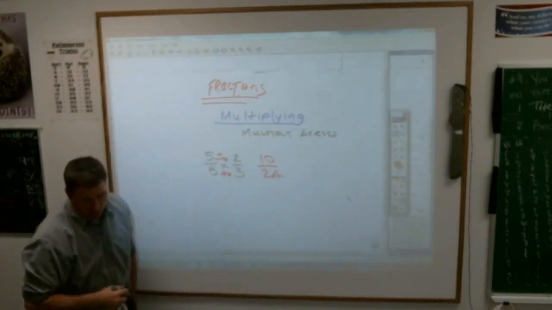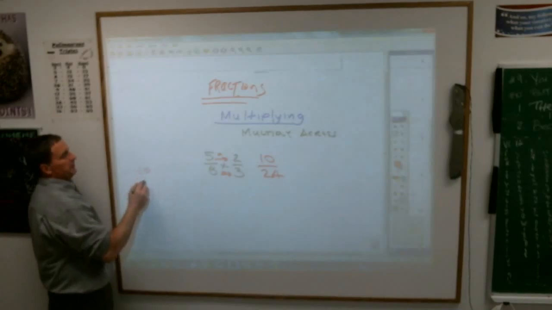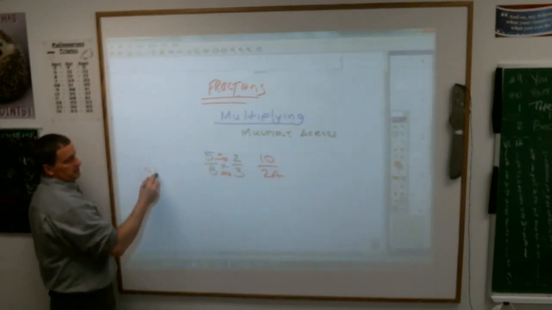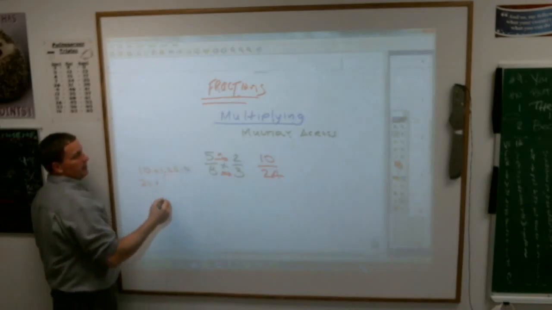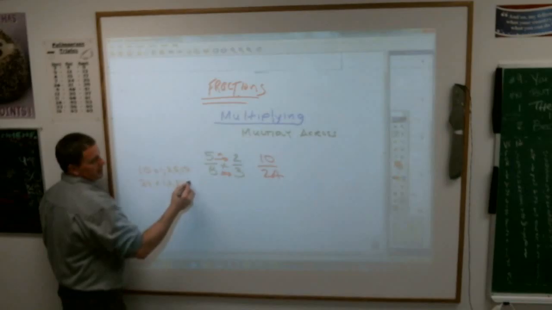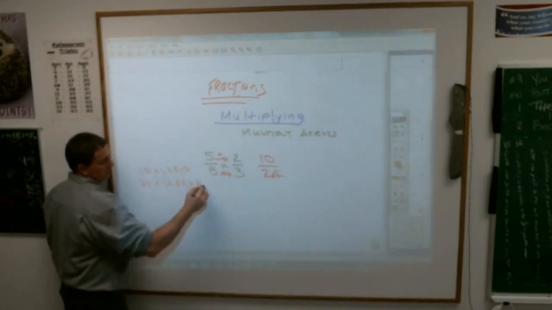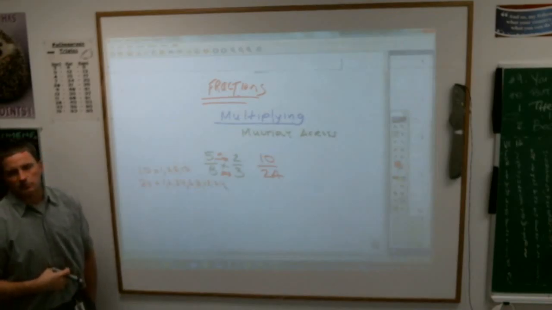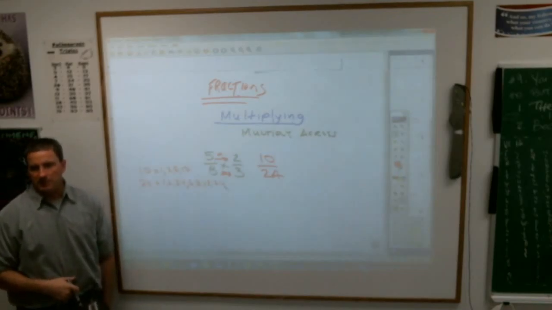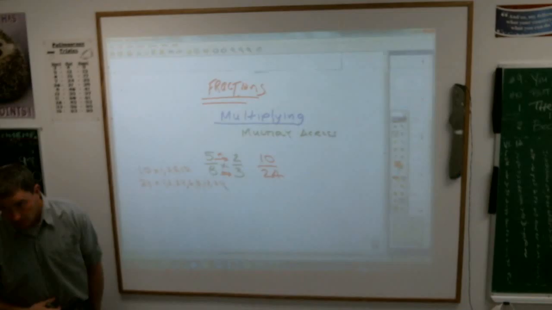Now, if you don't know, obviously you could come over here and write down all of the factors of 10, which are 1, 2, 5, and 10. All of the factors of 24, 1, 2, 3, 4, 6, 8, 12, and 24, and figure out the highest one that they have in common. What's the biggest number that goes into both of them, Jules? 5.